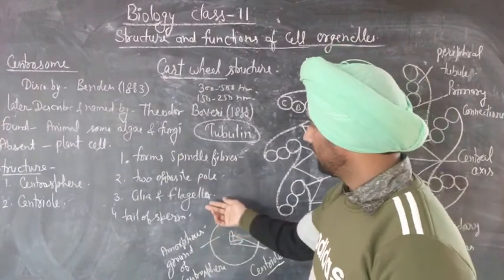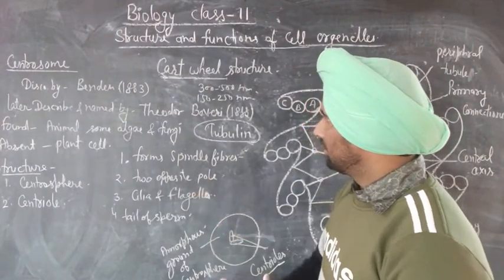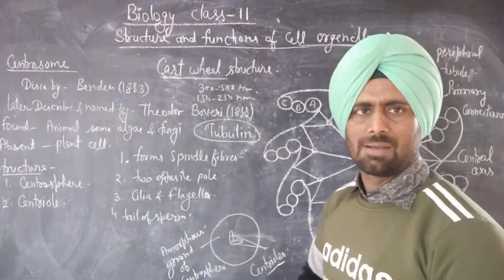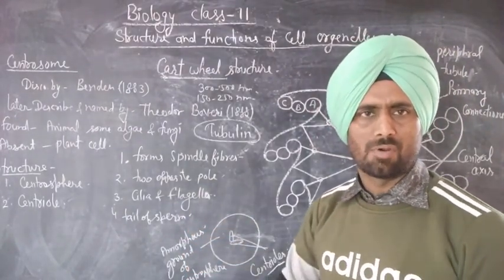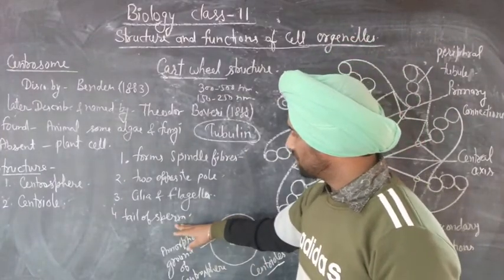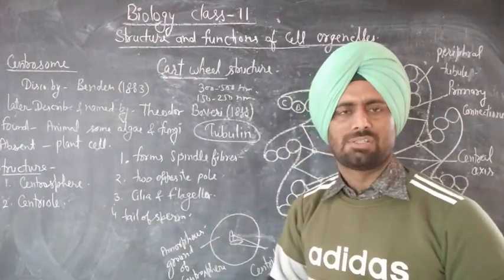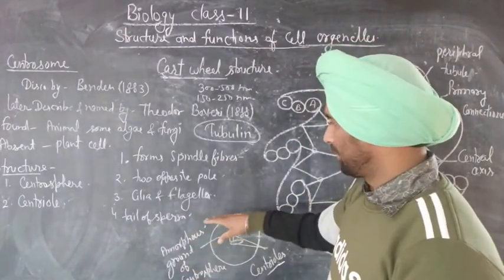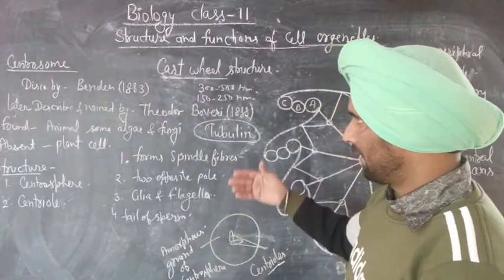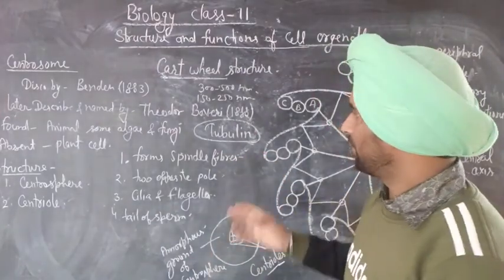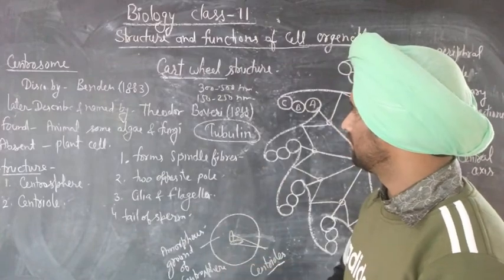And third function, centrioles form cilia and flagella. And next function, it forms the tail of sperm. The tail of sperm is formed by centrosome. So these are the functions of centrioles.